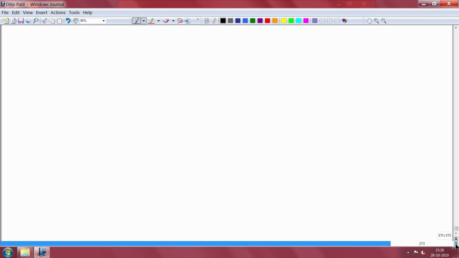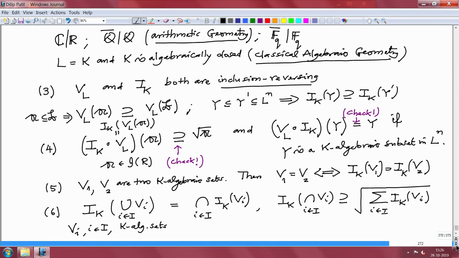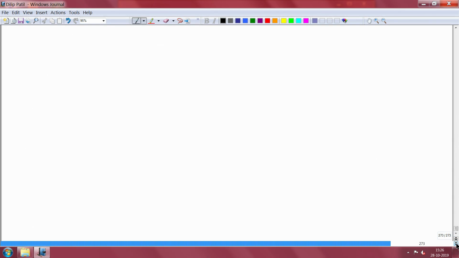So these again I will not check, these are obvious things to check. Alright, the next one now about V. So what is the number, I forgot? 7. V_L of the finite intersection, V_L of finitely many ideals A_i, i is from 1 to m, is the same thing as V_L of the product A_1 to A_m.